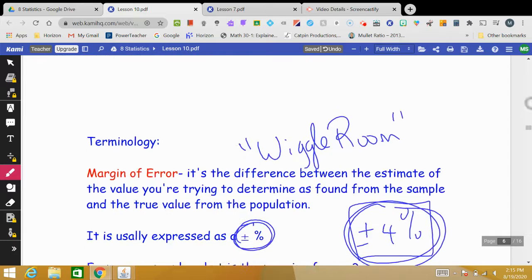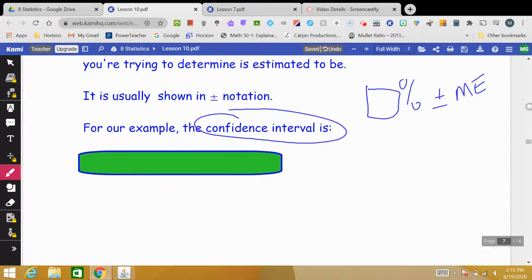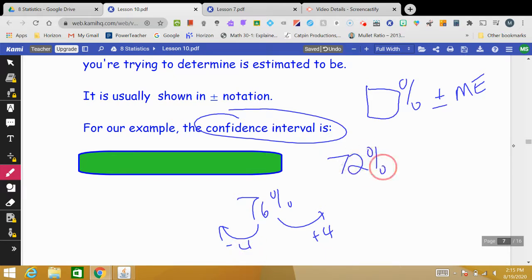So we're going to take our 76%, and we're going to add 4%, and we're going to subtract 4%. So our confidence interval is 72% to 80%.